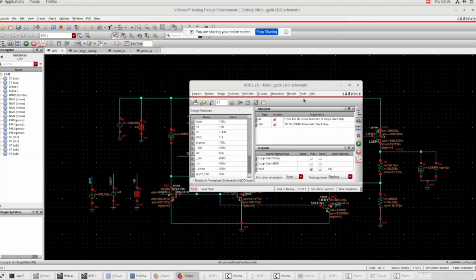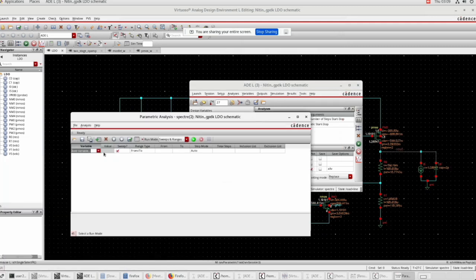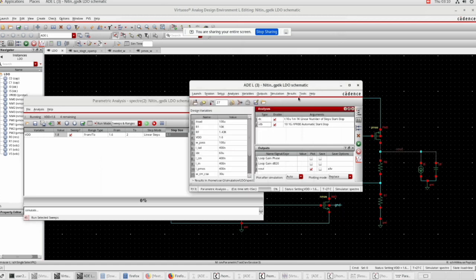So in this, to see both the load and line regulation together, I'm going to use parametric analysis, in which I'm going to add VDD, and I'm going to vary it from 1.6 to 2 volt with a step of 0.1, because in the DC I am already varying the current. Both together will give us the load plus line regulation.